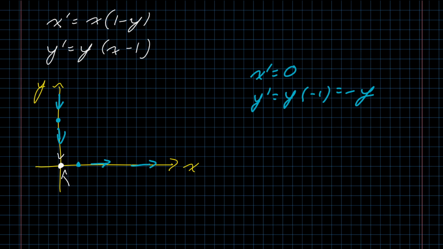We will reach it and stop. If we are on the x-axis and we are very close to the point 0, 0, this is an unstable point. We're going to grow and go away from this as fast as possible. So this forms what is known as a semi-stable node.